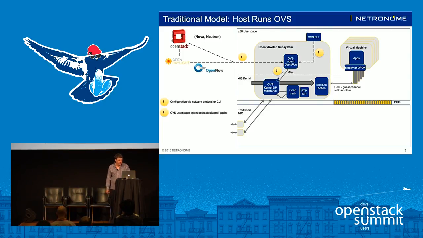OVS 2.5 is able to now integrate with the Linux connection tracking feature. So this is something that you would normally encounter attached to NF tables or IP tables. So OVS can talk to it directly now to have an implementation of OpenStack security groups, which is both stateful and still offers high performance.